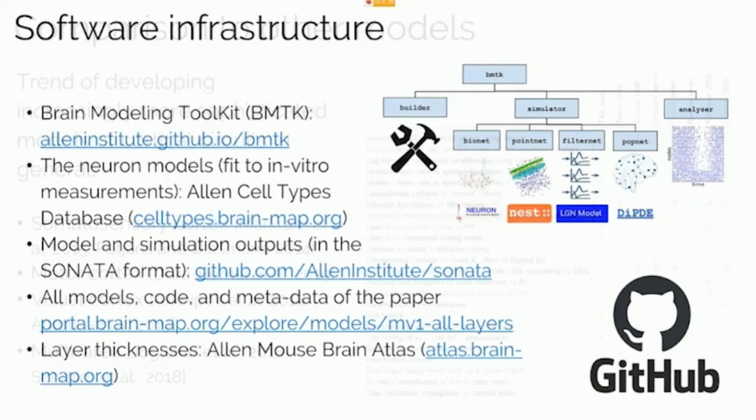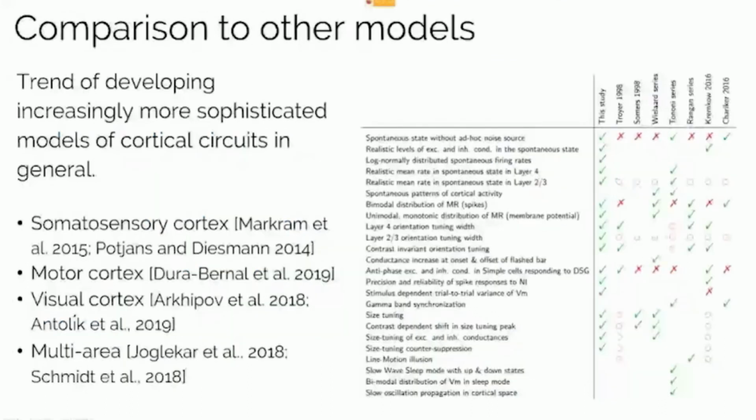This model is part of an overall trend towards increasingly sophisticated models of cortical circuits in general. Some of these model a specific sensory modality, or are models of cortex in a more general sense, but especially layered models of single cortical areas, as well as multi-area models.